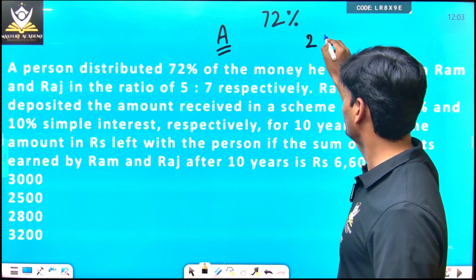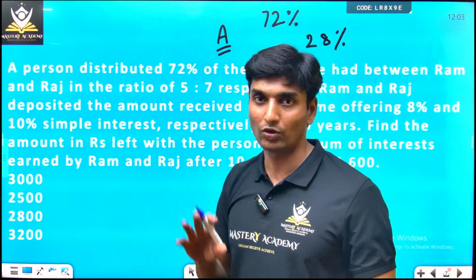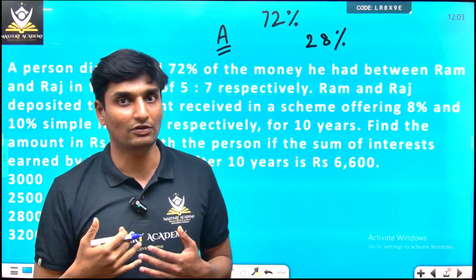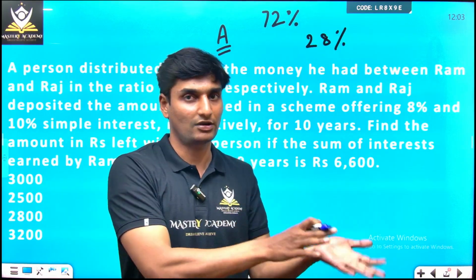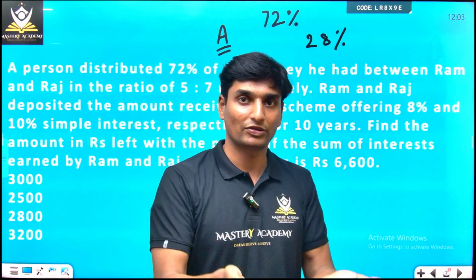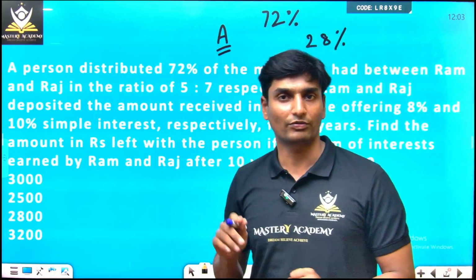The remaining is 28%. Okay, 28% of the amount he had, he is keeping for himself. They are sons, or for business or some other purpose, we are not concerned. Only he is giving about 72%.